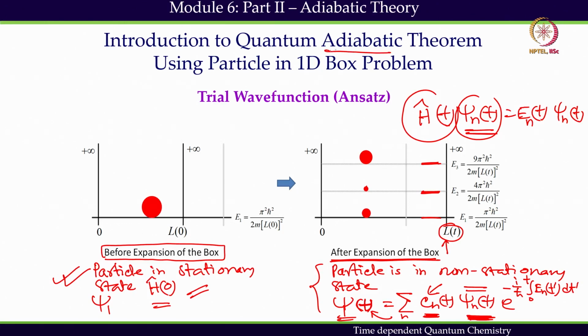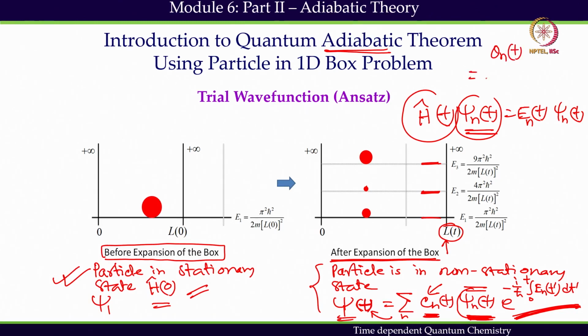We have clarified that due to this adiabatic change, due to this temporal change from 0 to t, the total accumulated phase would be this one for each nth state. Each stationary state is accumulating a temporal phase of this kind, because E_n(t) is changing. So instead of writing this entire expression, we will define a quantity called theta n.